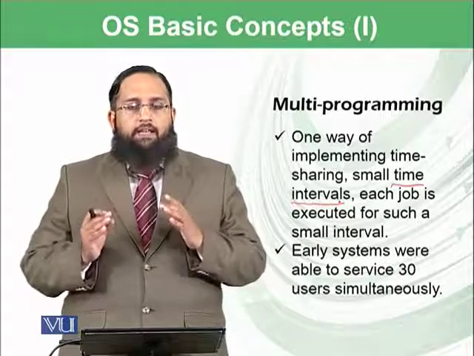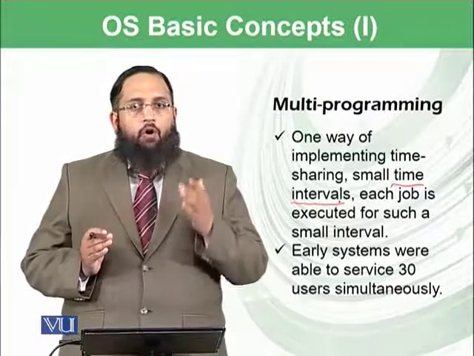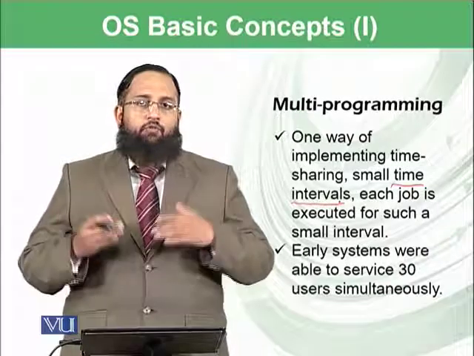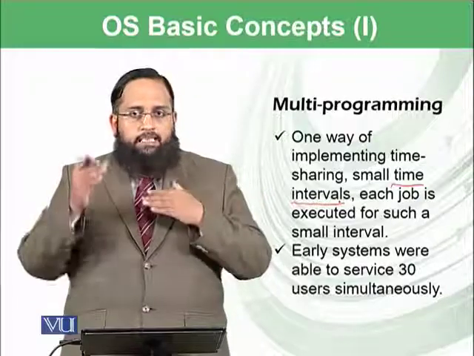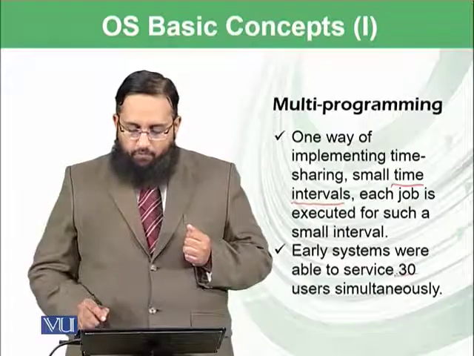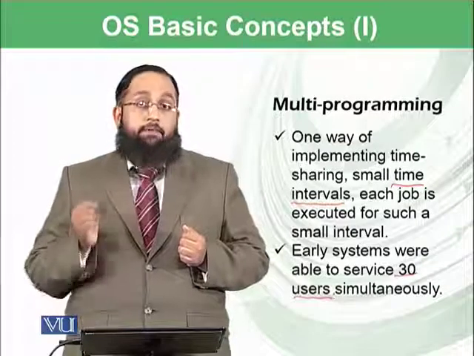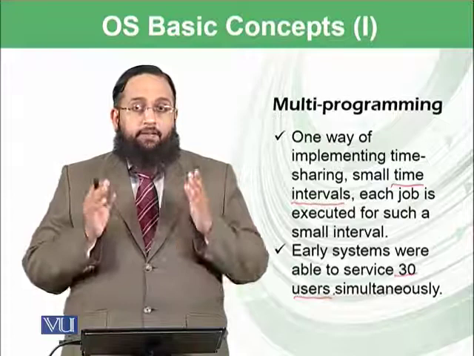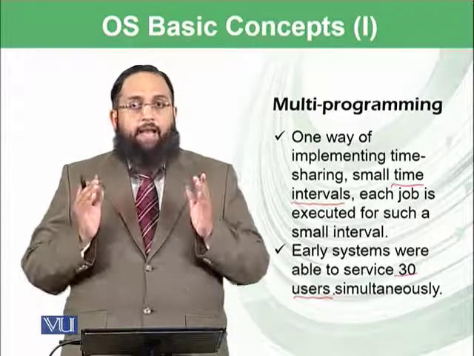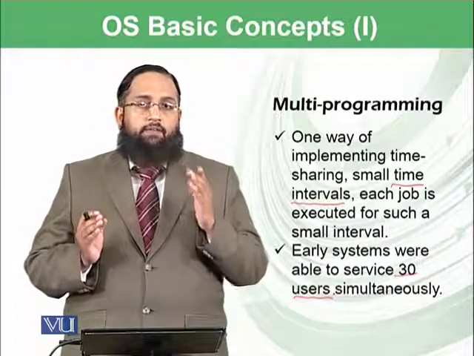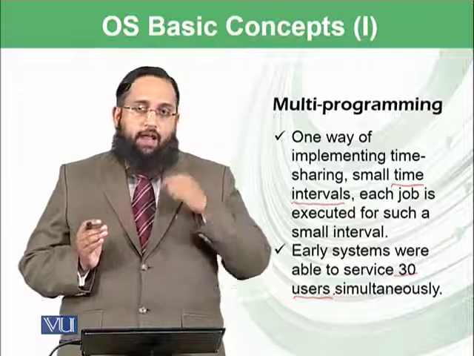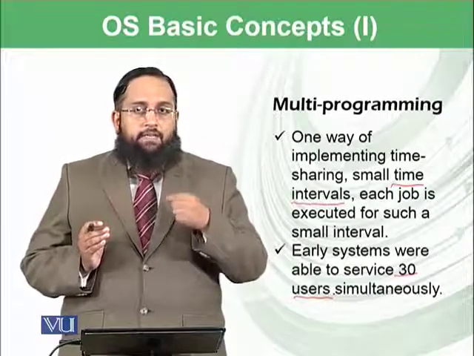So at that moment there is no other job running on the CPU. However, as we mentioned, there would be 10 jobs. So what is the limit of that computer? That computer could handle 30 users simultaneously. Until 30 users, their jobs were executed within their deadlines, within the short time they expected a response, and everyone was serviced within that time.